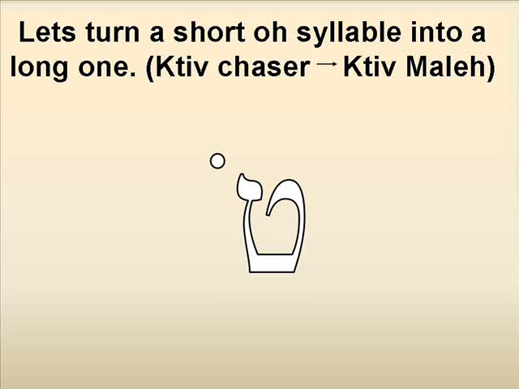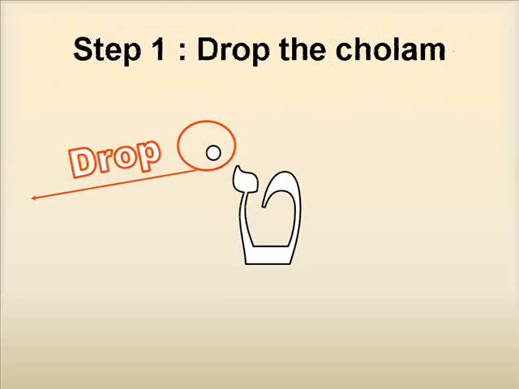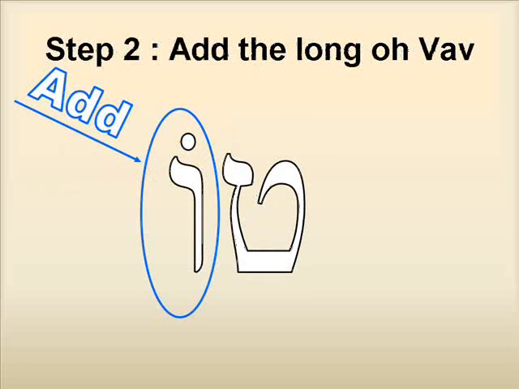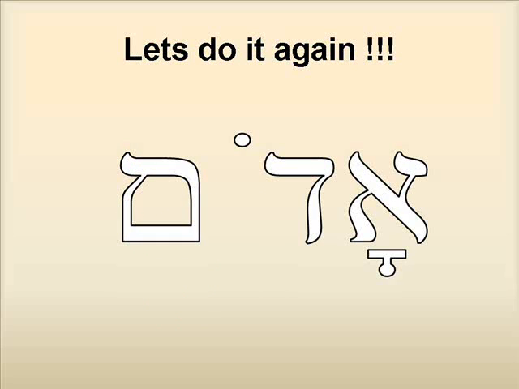Let's turn a short O syllable into a long one, meaning let's turn Ktiv chaser into Ktiv maleh. Step 1, drop the cholam. Step 2, add the long O vowel. Let's do it again. The word is adom, which means red.